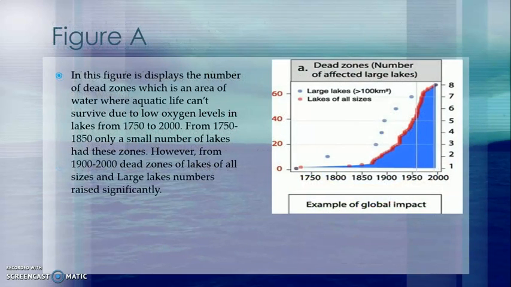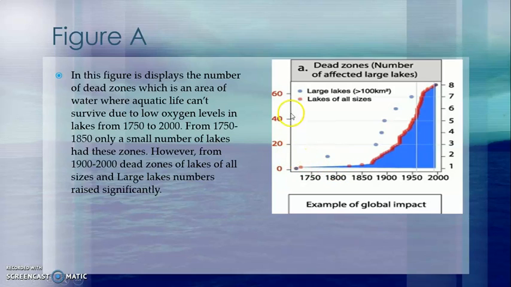In figure A, it displays the number of dead zones, which is an area of water where aquatic life can't survive due to low oxygen levels, in lakes from 1970 to 2000. As you can see here, from 1750 to 1850, there was only a little bit of lakes of all sizes. There's only one large lake here, and one large lake here.